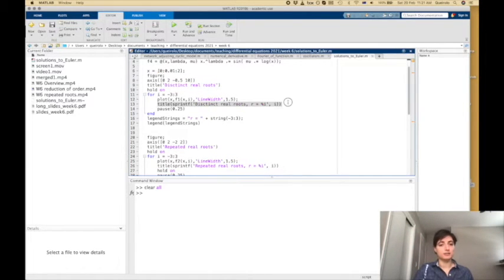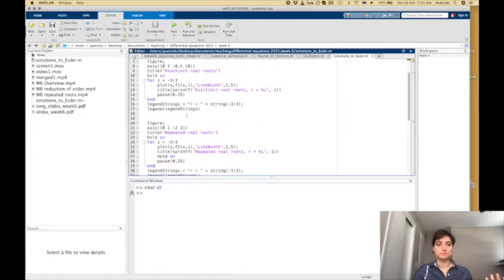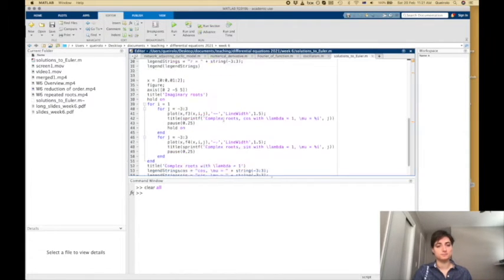I put a title and a legend. In the second figure, I do something very similar. I put a title, repeated roots, and I do the same loop and the same type of plot with the second type of basis function that the Euler equation has. That is the one we saw before, x to the r times log of x.